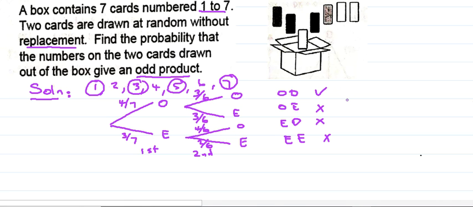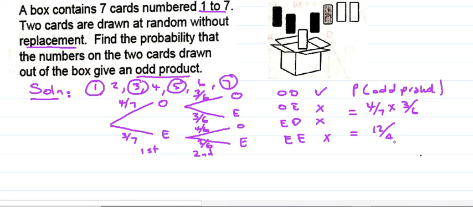So we would say that the probability of getting an odd product is going to be equal to, if you look at our branches, 4 out of 7 times 3 out of 6, which is equal to 12 over 7 times 6, which is 42.